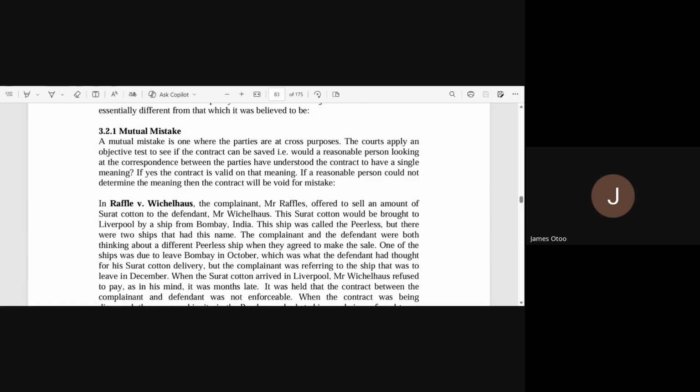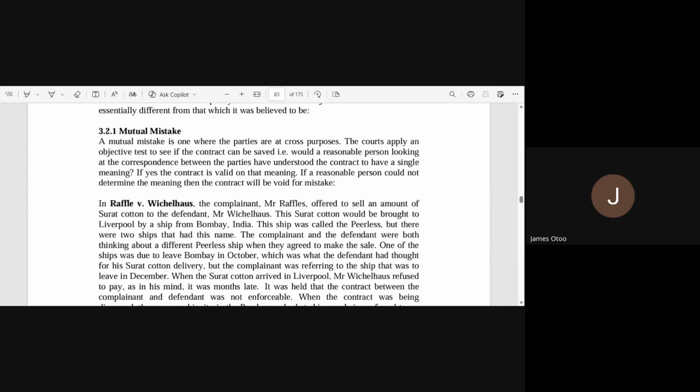This ship was called Peerless, but there were two ships that had this name. One was to come from Bombay in October, and one was to come in December.